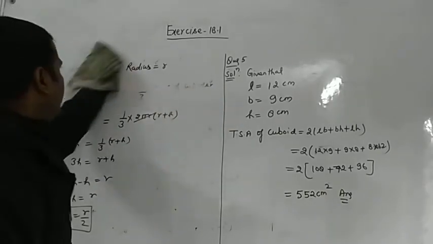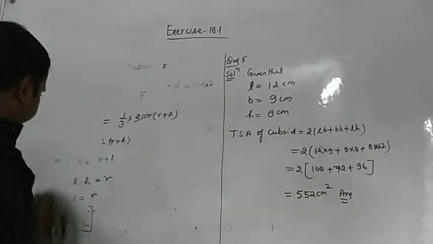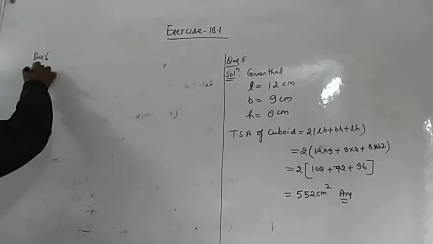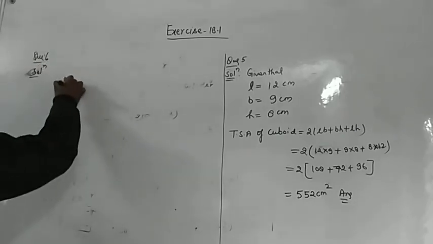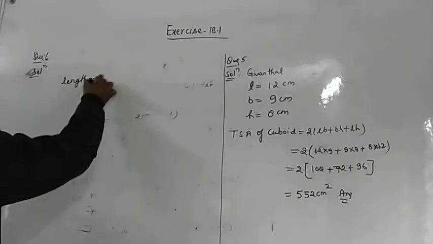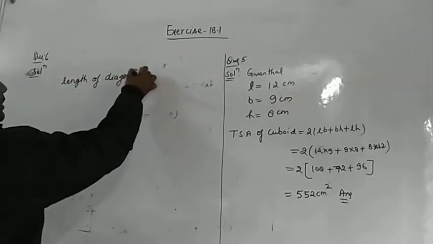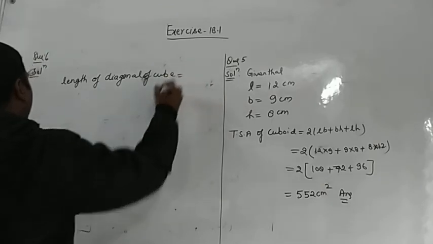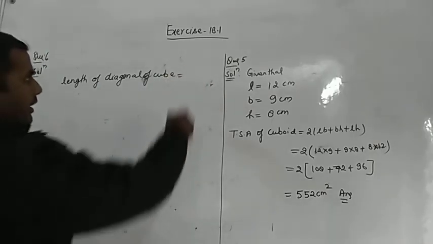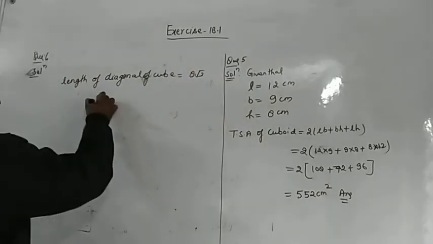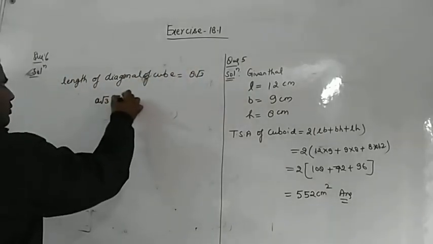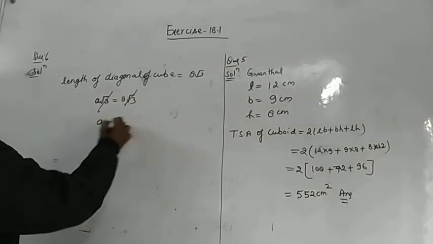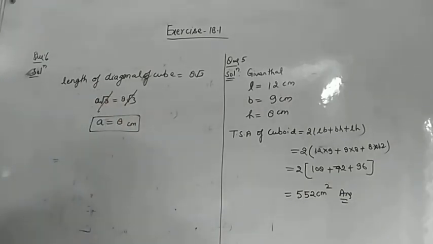So given, length of diagonal of cube is equal to 8√3, and as we know length of diagonal is a√3, so a√3 is equal to 8√3, cancel out √3, a is equal to 8, where a is the side of the cube.